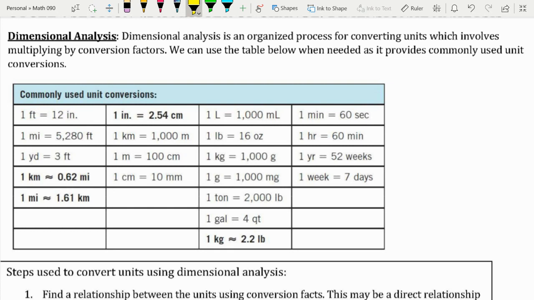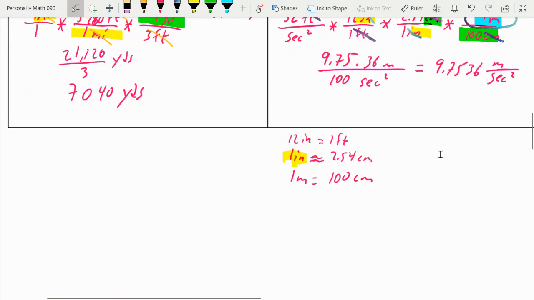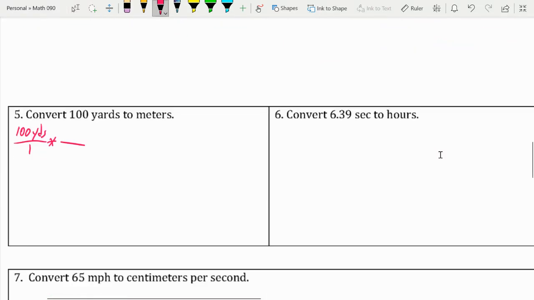Well, the first thing I see is yards to feet, and that's the only conversion I can do so far. So let's go down. We said 1 yard is equal to 3 feet. I'm hoping by now that you guys are okay, so the yards cancel.